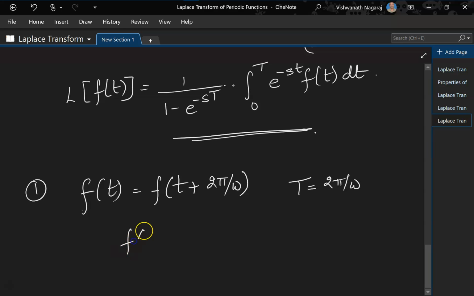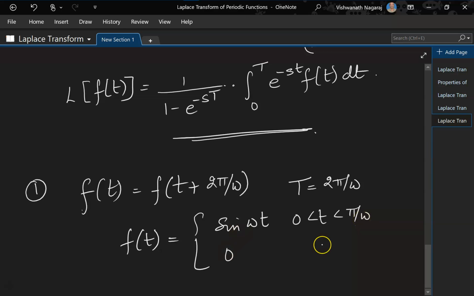The function itself is sine omega t if t is between 0 and pi by omega. If it is between pi by omega and 2 pi by omega, then it is 0.